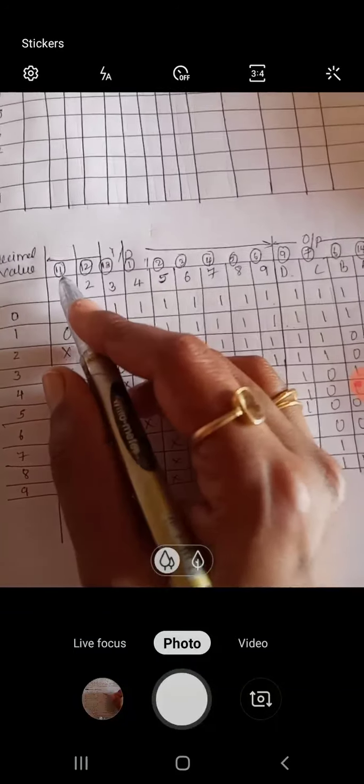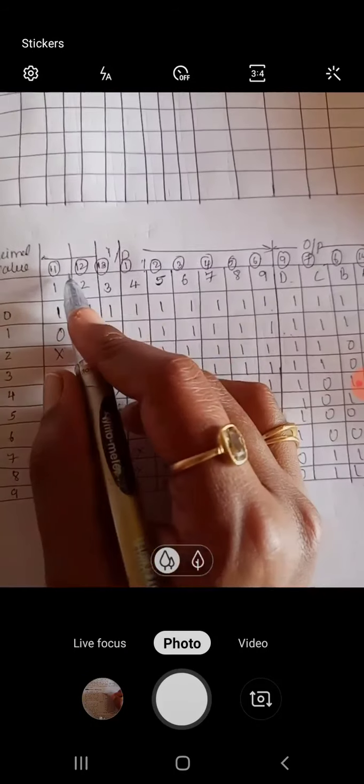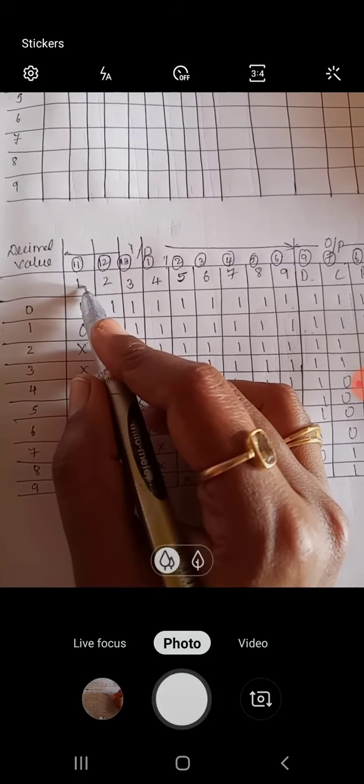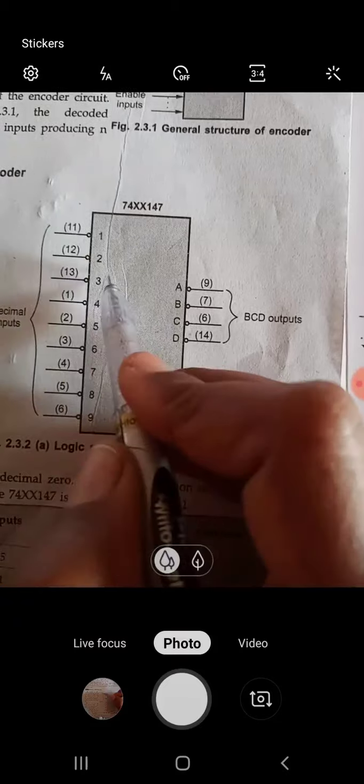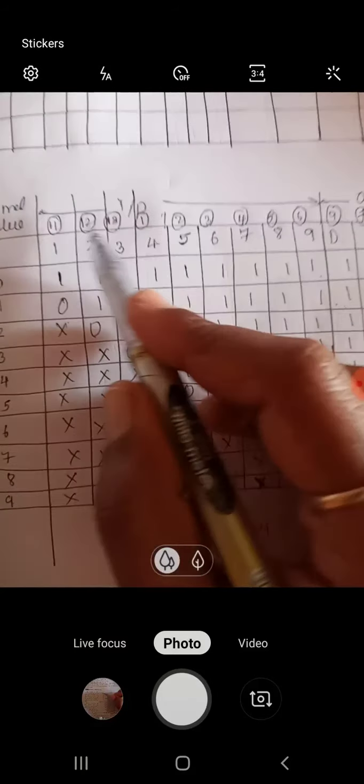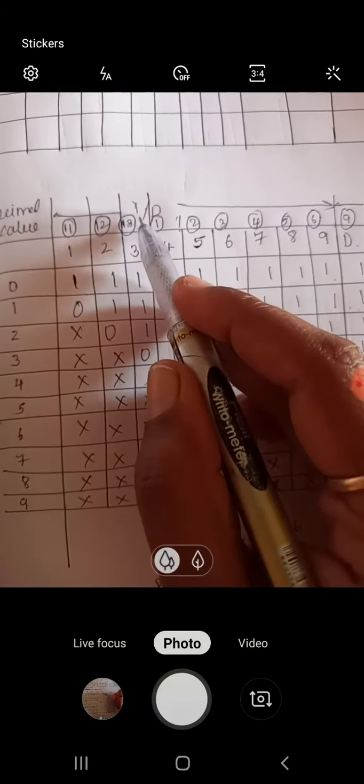You can also see that some numbers are circled over here. These are nothing but the pin numbers. Pin number 1 corresponds to 11, 2 is 12, 3 is 13. So I have written it over here: 11, 12, 13.